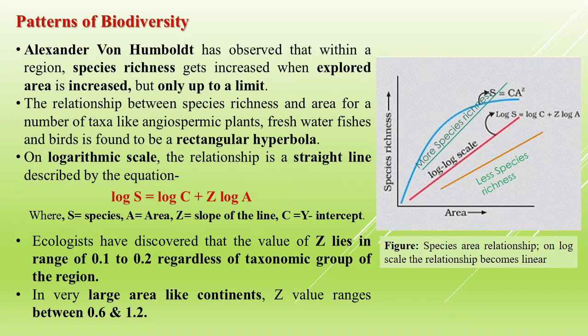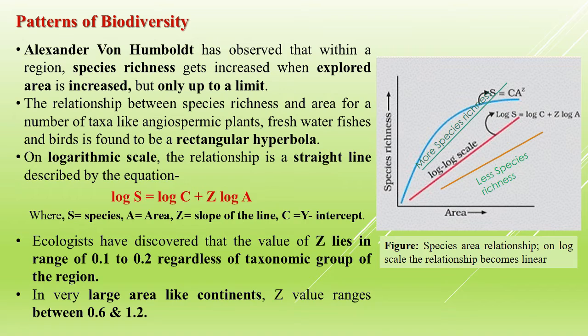Regarding this, the German naturalist and geographer Alexander von Humboldt observed that within a region, species richness increased with the increasing explored area, but only up to a limit.